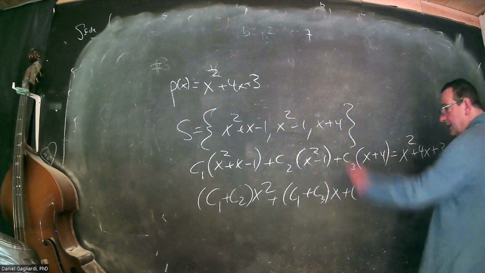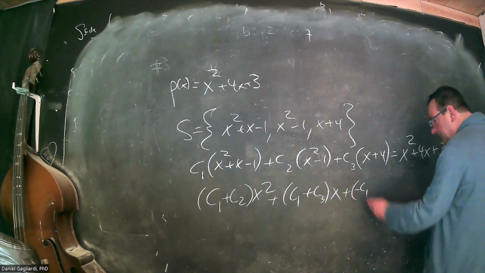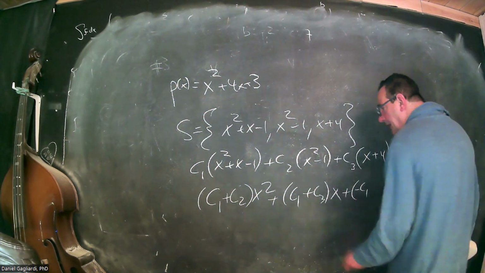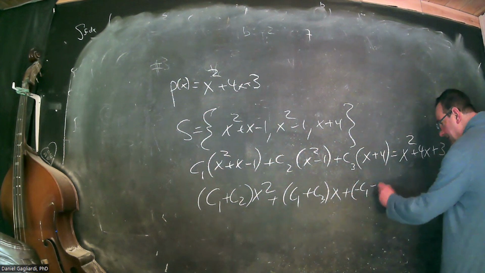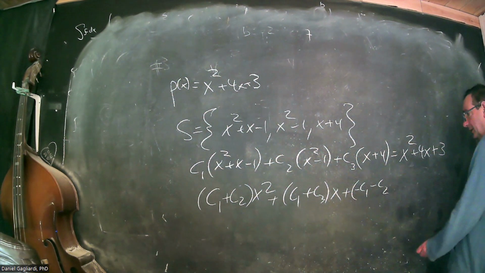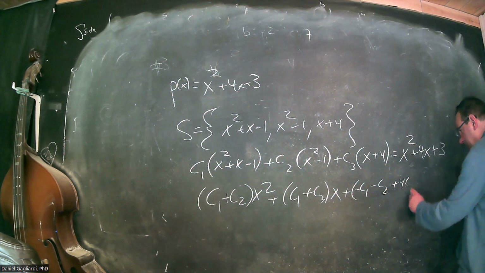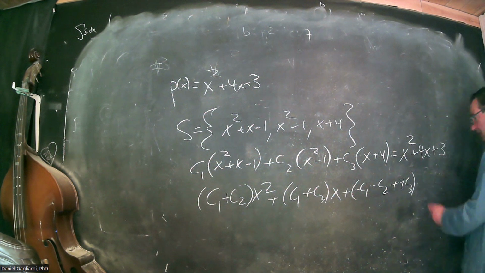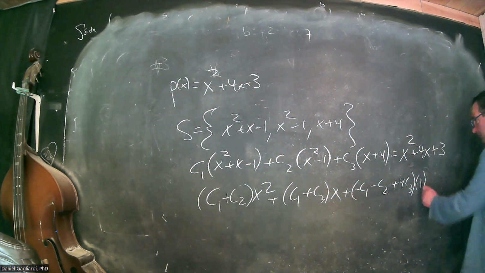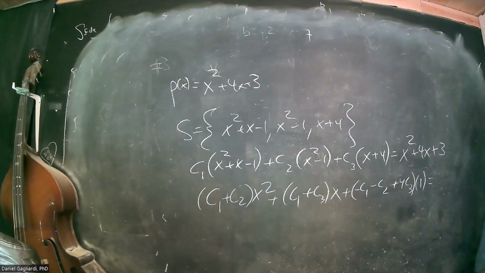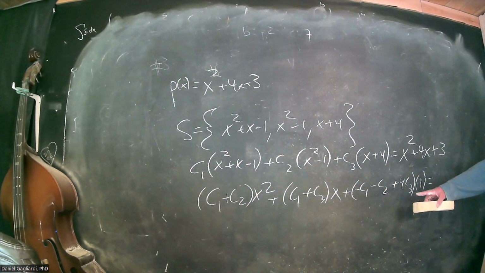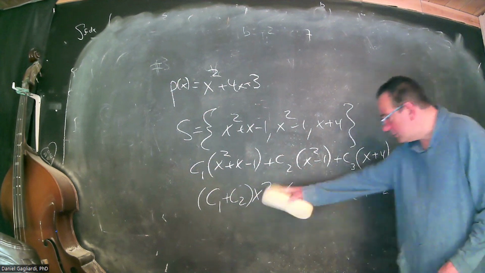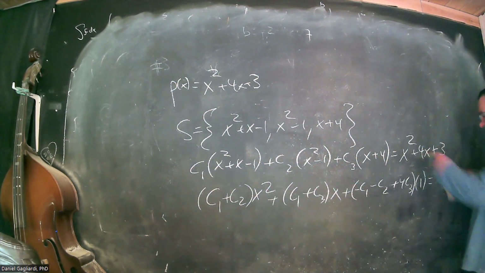So we have negative C1 multiplies 1, and negative C2 multiplies 1, and 4C3 multiplies 1, the monomial 1. Okay, so we want this linear combination to equal this target.